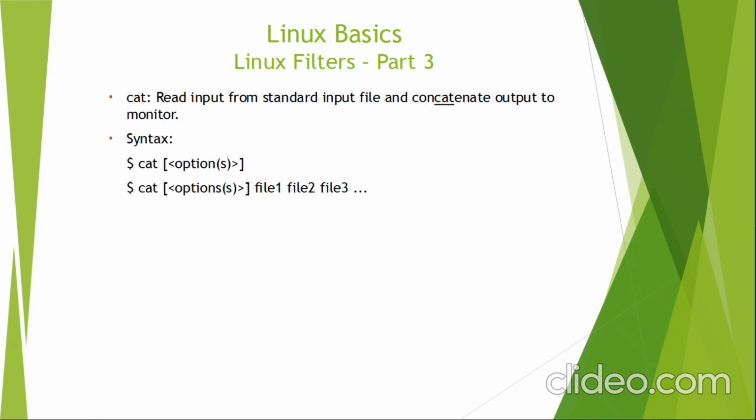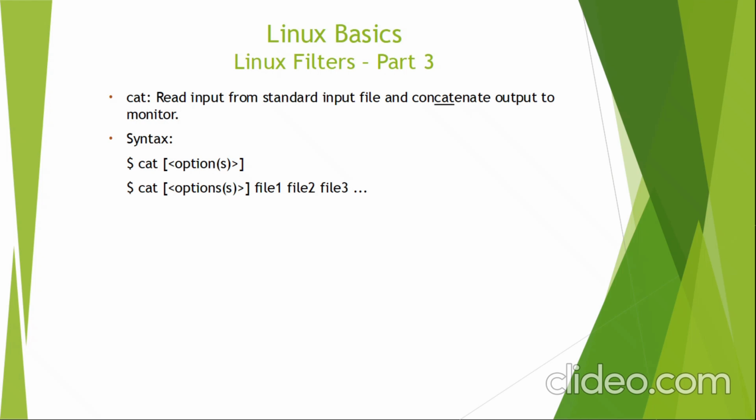So when you are specifying arguments with the cat command, cat would read from those files and place the output one after the other. File 1's output, after that file 2's output, after that file 3's output. That way the output would be placed on the monitor.